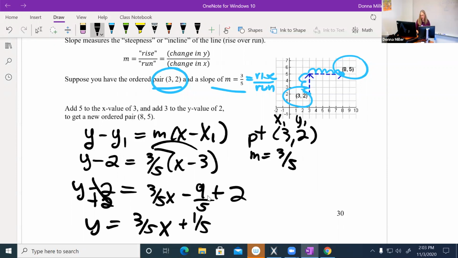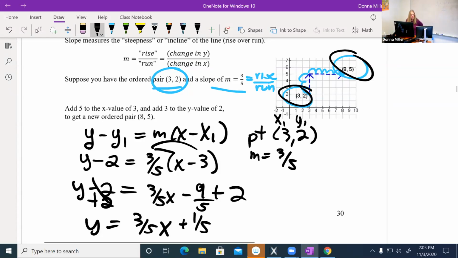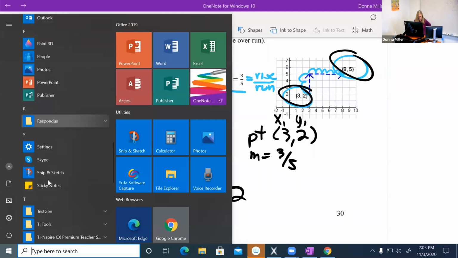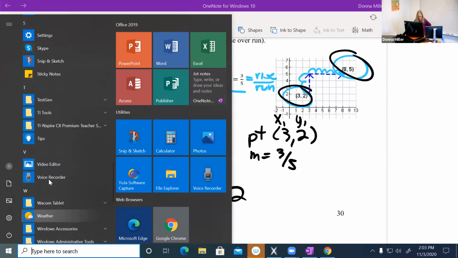Now, that's the equation of the line by hand. But if you know 2 points, this is why she wants you to find 2 points, you can also just plug them into the calculator and let the calculator do the work for you. So I want to show you how to do that in your calculator. I'm going to pull up the Smart View.